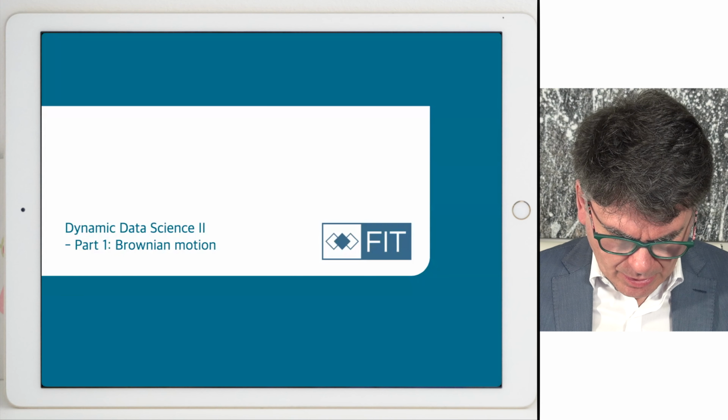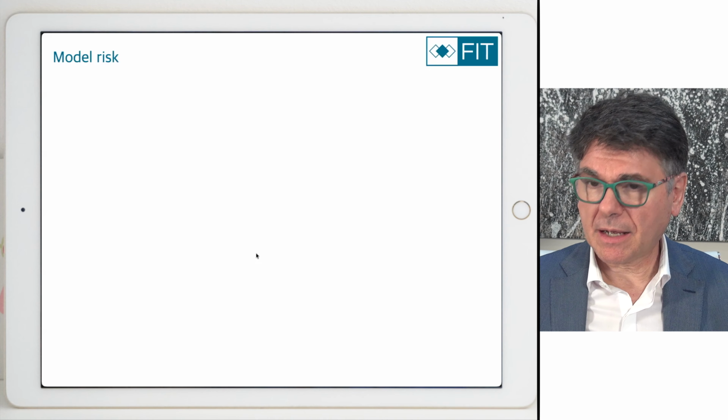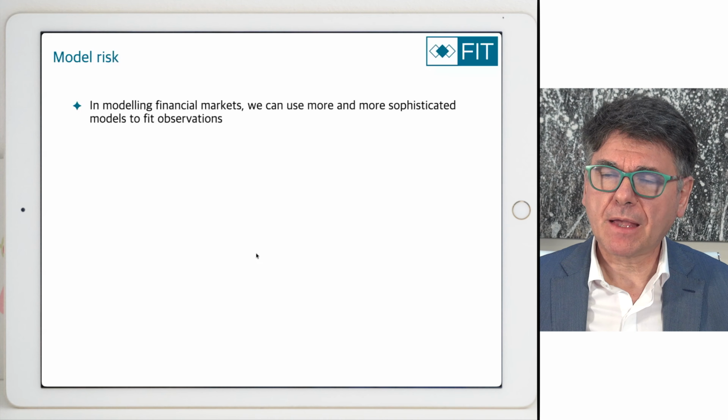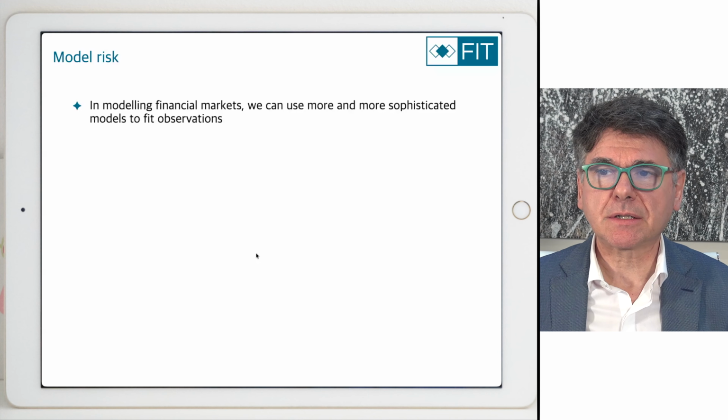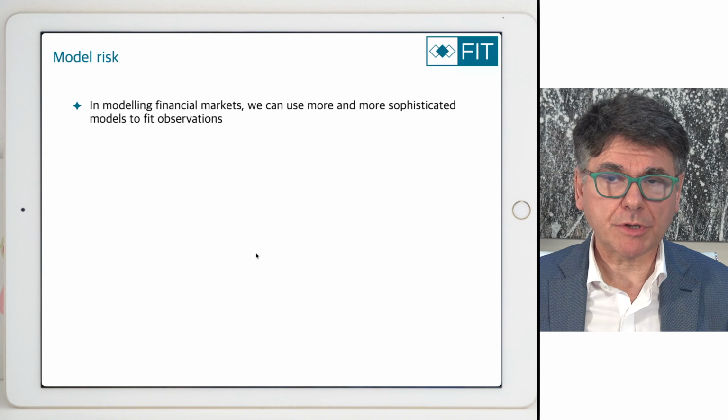Now, all of this that I'm talking to you about is nice and makes us very powerful in our ability to model what things are out there. With that comes the risk that we have so many models in front of us that we can run into model risk considerations.